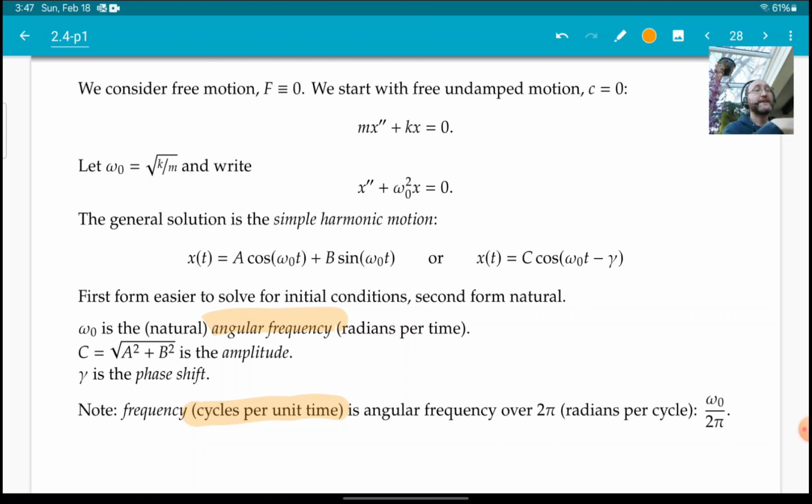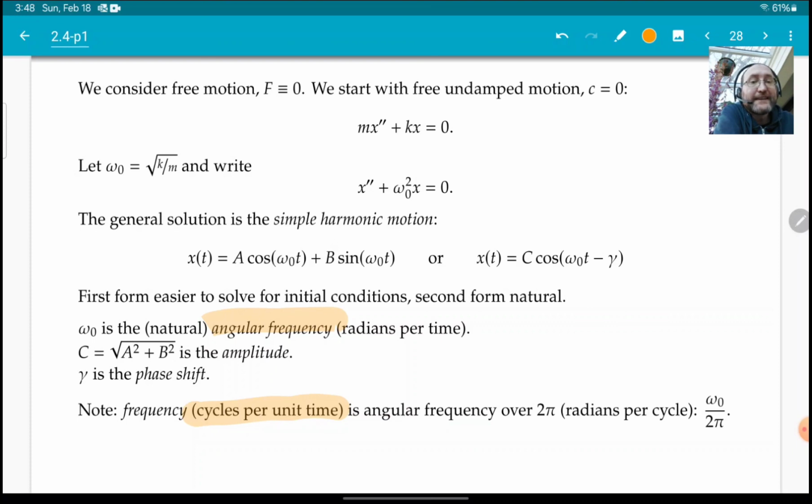If you want the standard frequency, that would be cycles per unit time. For example, cycles per second are hertz. You've surely heard of hertz referring to frequency, and megahertz.